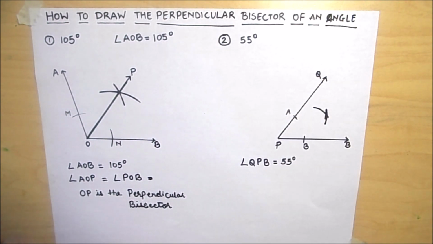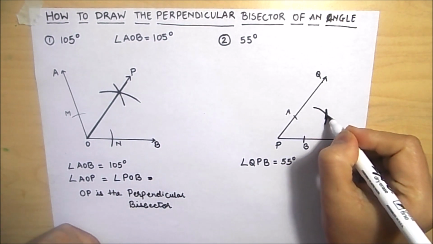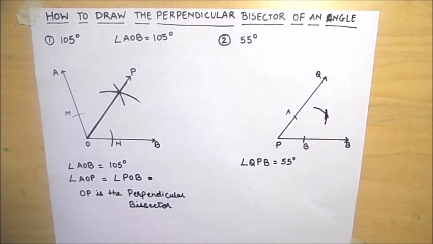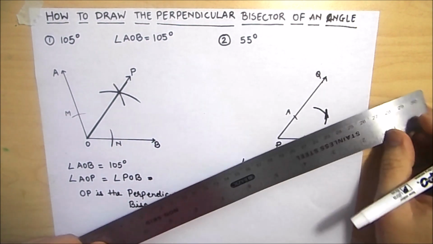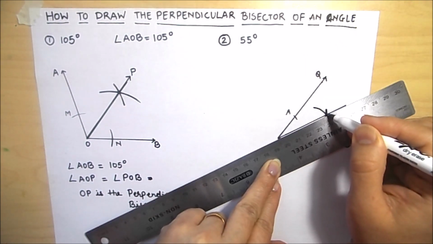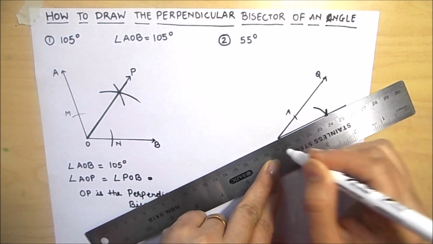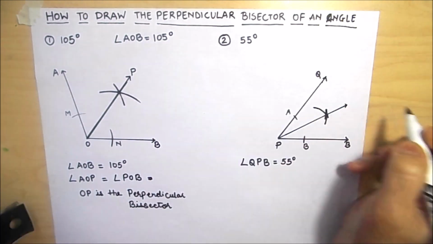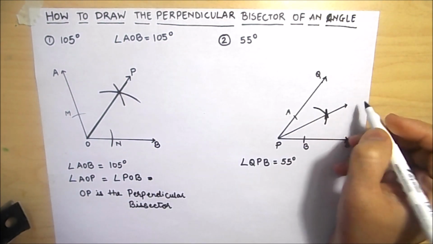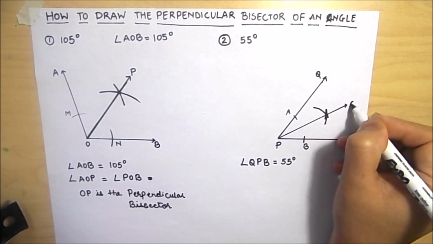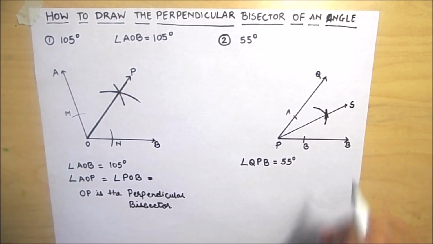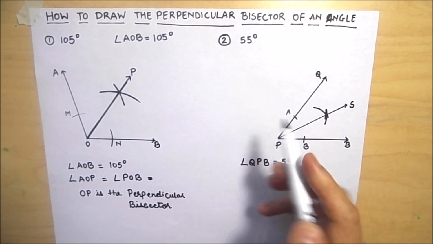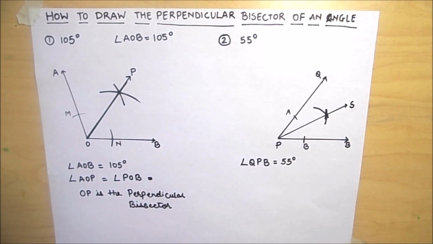Now the intersection point of the two arcs is the required point for the bisector of the angle. Join the intersection point of the two arcs with the vertex of the angle. Let's name this PS. So PS is the perpendicular bisector of the angle whose measure is 55 degrees.